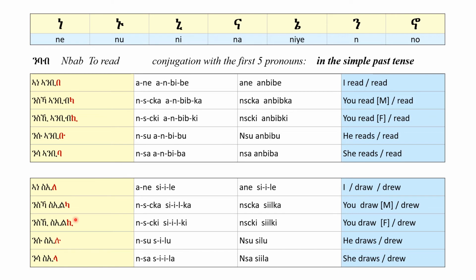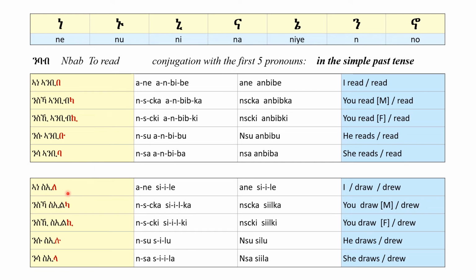The verb to draw again. Ane, siile, nisra, siilka, nisri, siilki, nisu, siilu, nisa, siila. Ane and bibe, nisra and bibka, nisri and bibki, nisu and bibu, nisa and biba.